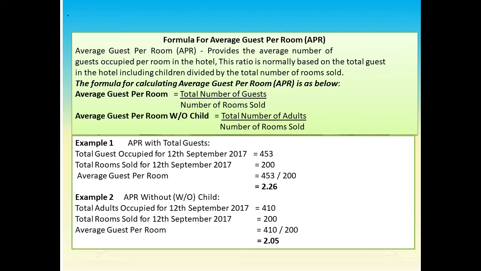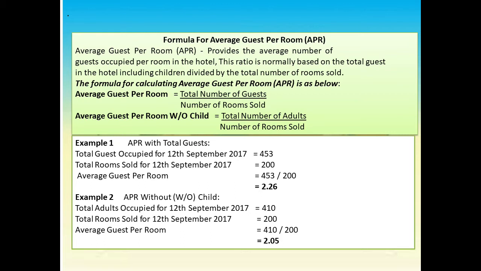Example number 1. APR with total guests. Total guests occupied for the 12th of September 2017 is equal to 453. The total rooms sold for the 12th of September 2017 is 200. The average guest per room is equal to 453 divided by 200. The answer is 2.26.